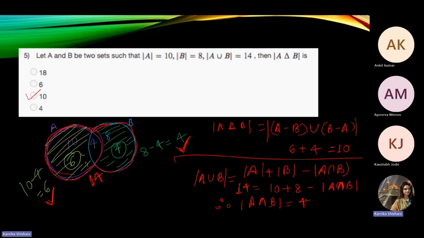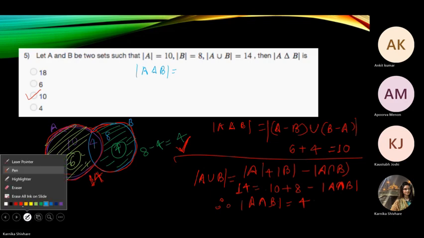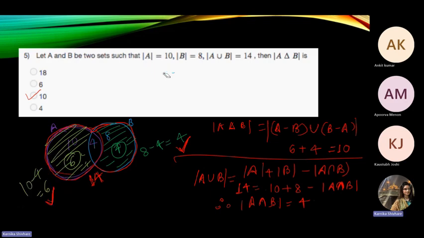Okay. So what we can say now, this is this. Now we have to identify the number of elements in A disjoint B, which is equal to mod of A minus B union B minus A. I think this will not be visible on white.